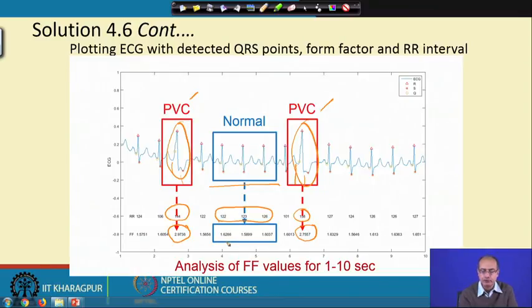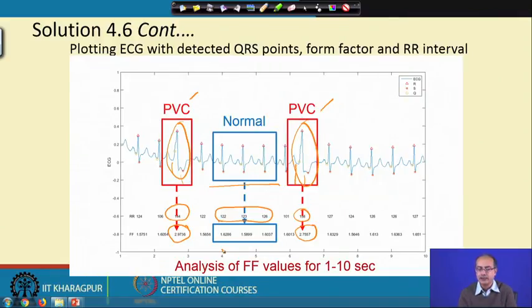On the other hand, the normal beats that we have marked here are between 1.58 to 1.63. The values are much less.